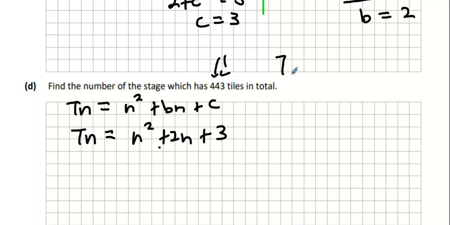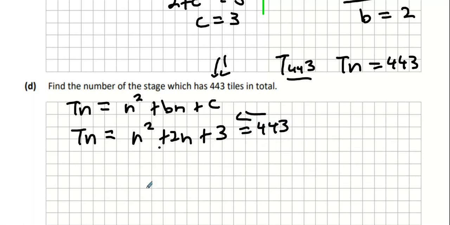You're not looking for T443, because that would be the 443rd pattern. What you're looking for is what pattern has 443 tiles. So you put this equal to 443. You bring the 443 to the other side, and 3 take away 443 is minus 440.